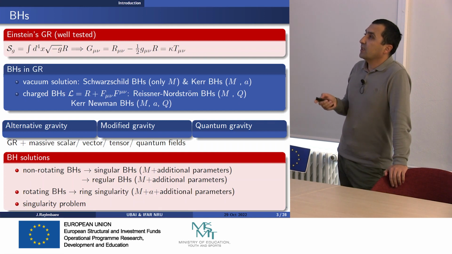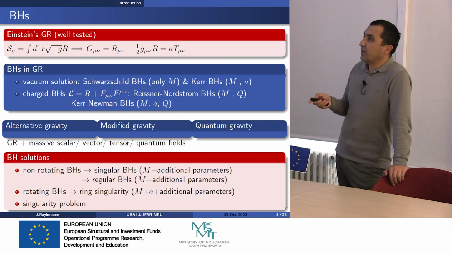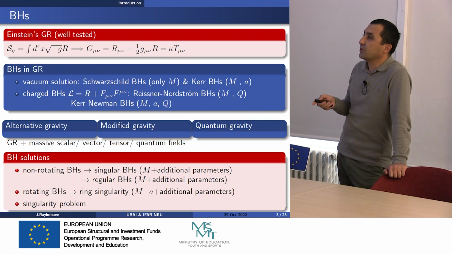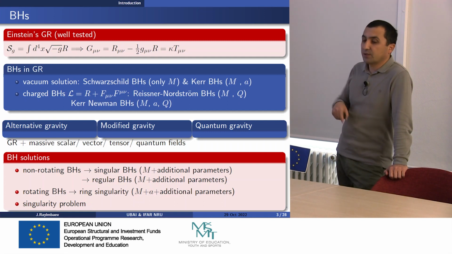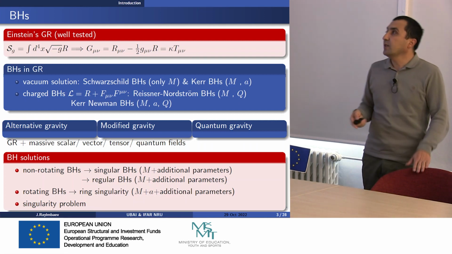Some alternative or modified gravities can give regular black holes, which have mass plus an additional parameter for non-rotating black holes, and plus a spin parameter for rotating ones. For rotating black holes we have the Kerr ring singularity problem at the equatorial plane.